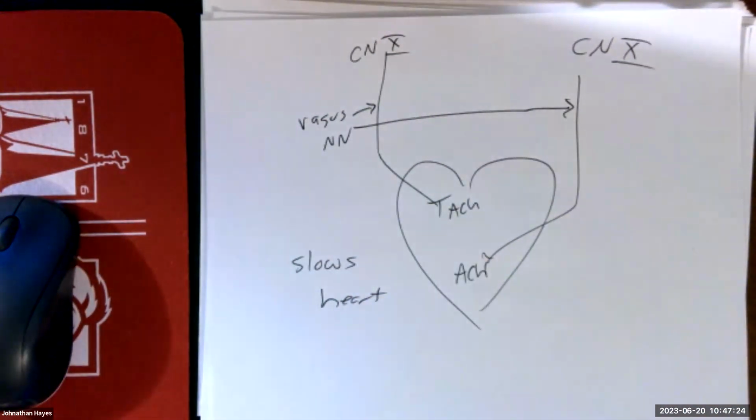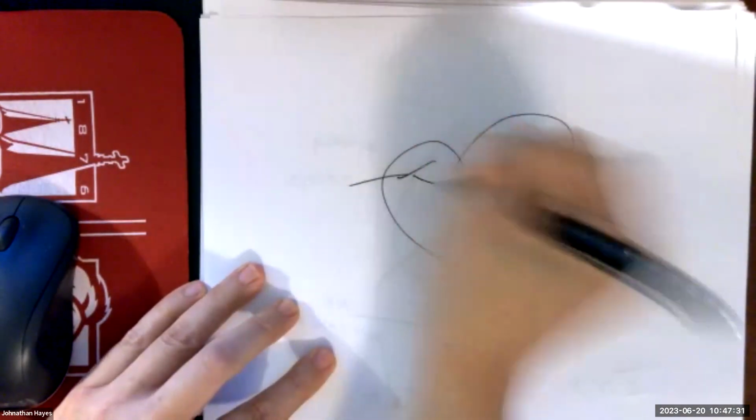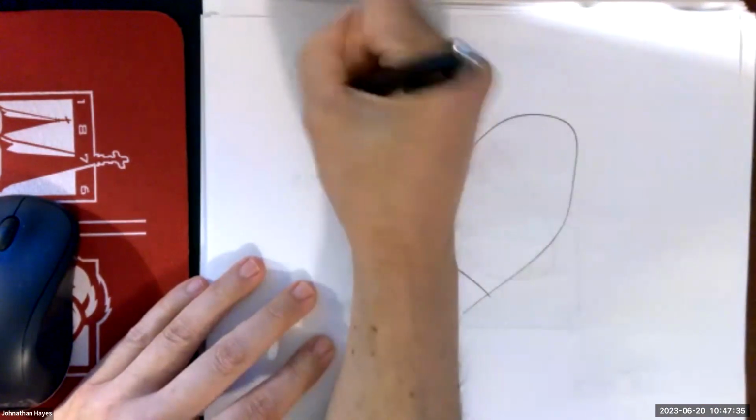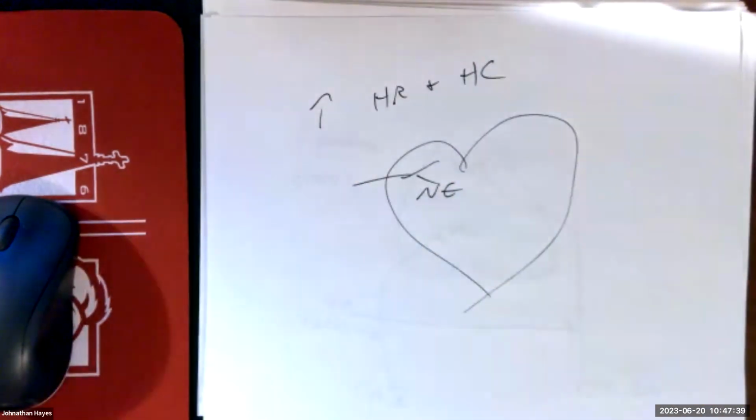But if the heart is receiving norepinephrine, and you could even add epinephrine to it, then that's going to increase things like heart rate and heart contractility.